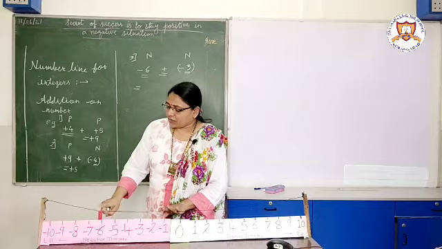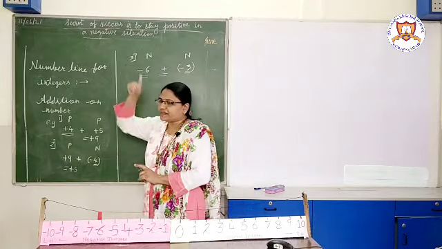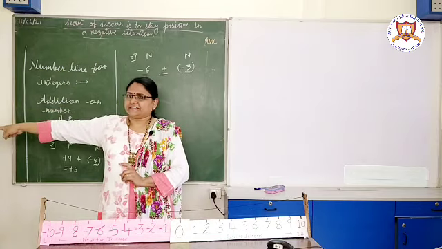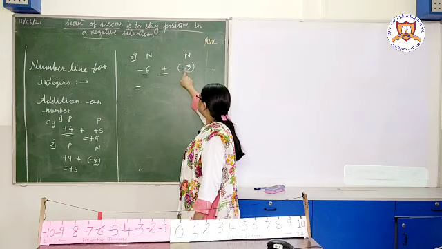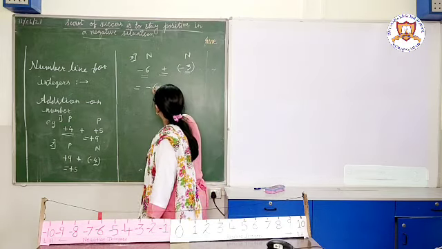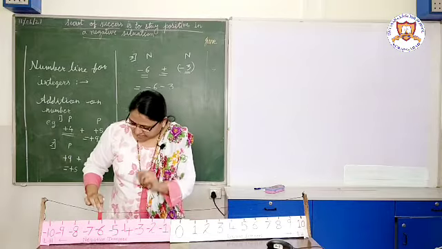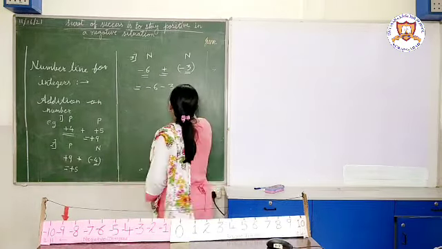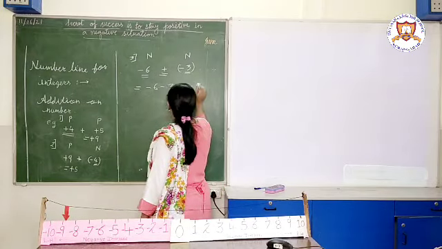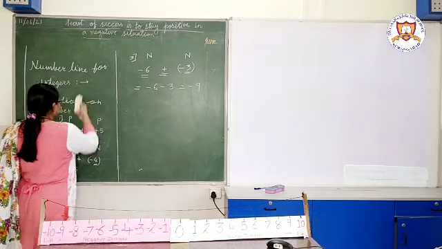Now here the addition is there, so we have to move to the left hand side, on the left of a negative number. So 3 steps only: 1, 2, 3. So the answer is negative 9. Like this way, here is the addition.